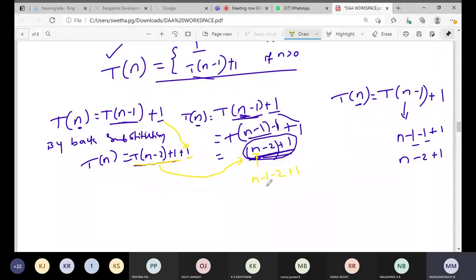So we get n minus 3 plus 1. Is it clear?